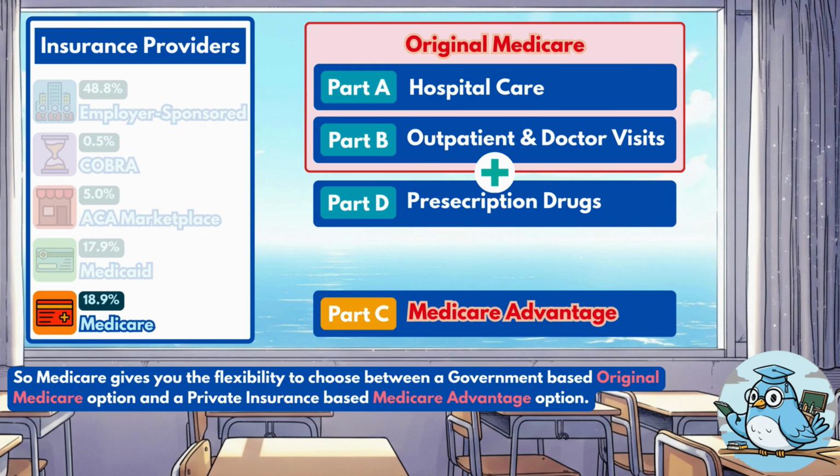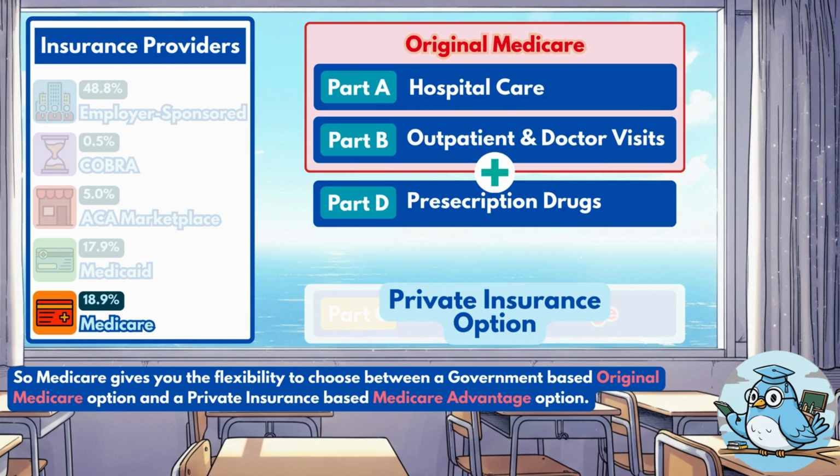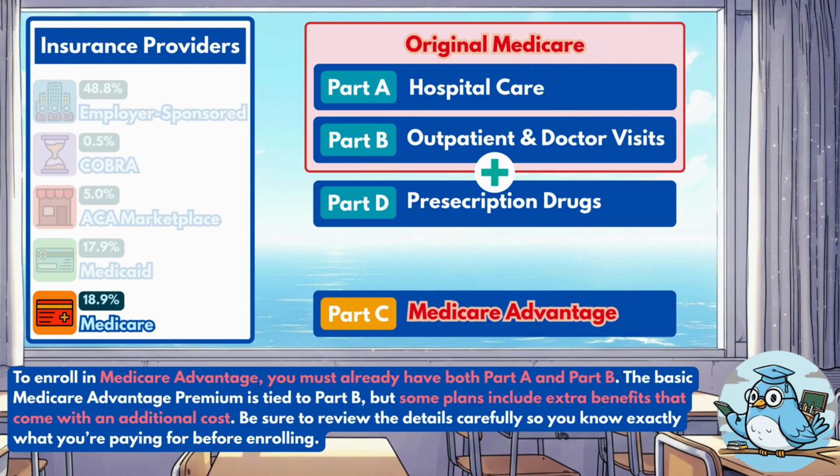So Medicare gives you the flexibility to choose between a government-based Original Medicare option and a private insurance-based Medicare Advantage option. To enroll in Medicare Advantage, you must already have both Part A and Part B. The basic Medicare Advantage premium is tied to Part B, but some plans include extra benefits that come with an additional cost. Be sure to review the details carefully so you know exactly what you're paying for before enrolling.